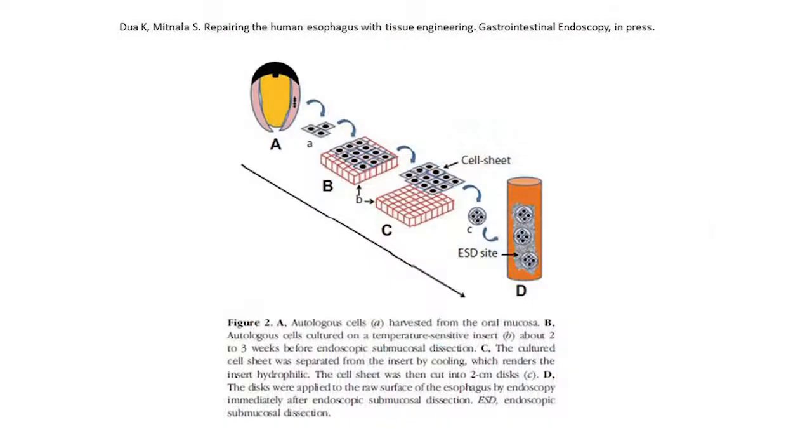In another way, this can be achieved by initially taking some squamous cells from the buccal mucosa of the animal, culturing them in vitro into cell sheets about a week or two before the endoscopic resection, and then applying the cell sheets to the resected site to immediately restore the mucosal barrier. These approaches have, in animal studies, shown to be very successful in preventing stricture.